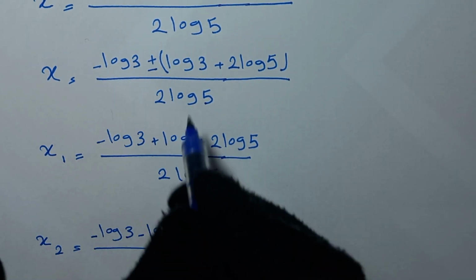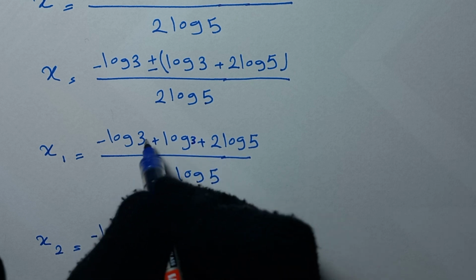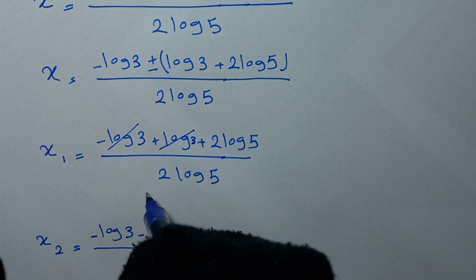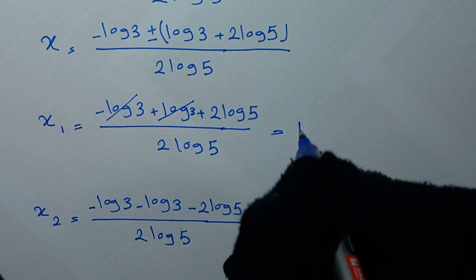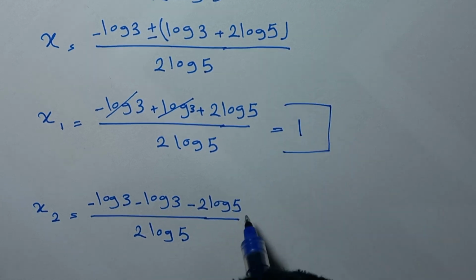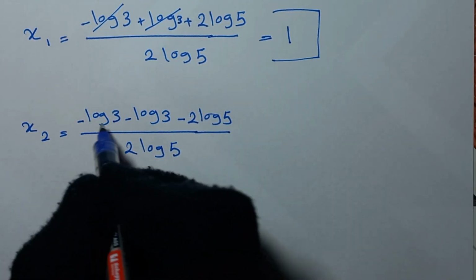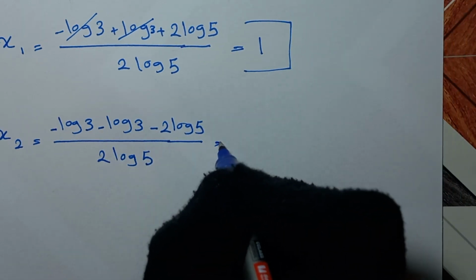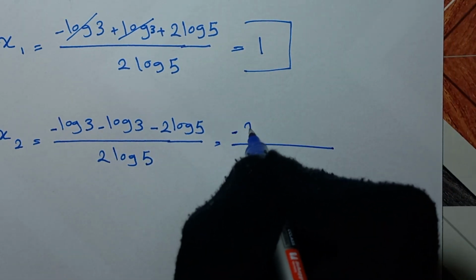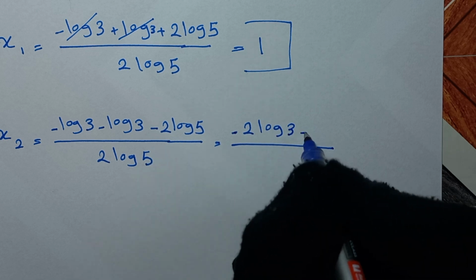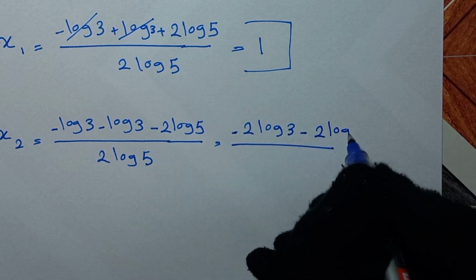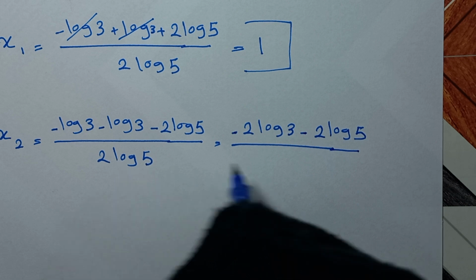Negative log 3 plus log 3. Negative log 3 will cancel this log 3 and 2 log 5 over 2 log 5 is equals to 1. So this is our first answer. And in here, negative log 3 minus log 3, it will be negative 2 log 3 and minus 2 log 5 over 2 log 5.